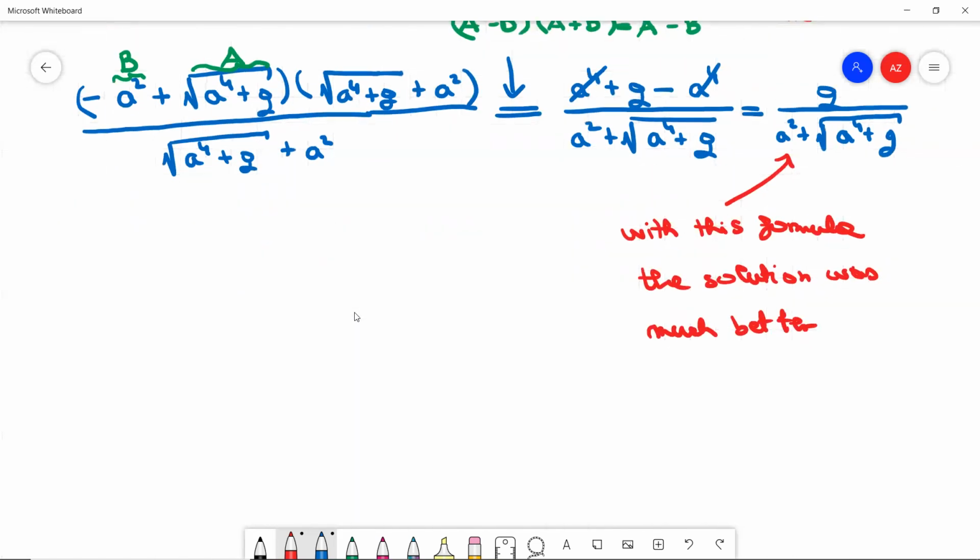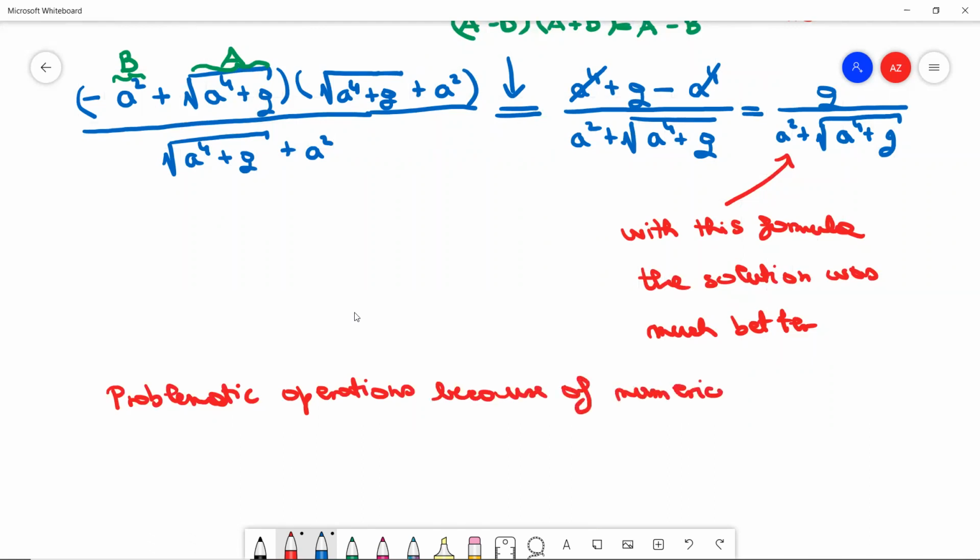So, only the conclusion of this first introductory hour: numerical problematic operations because of numerical errors are plus and minus.